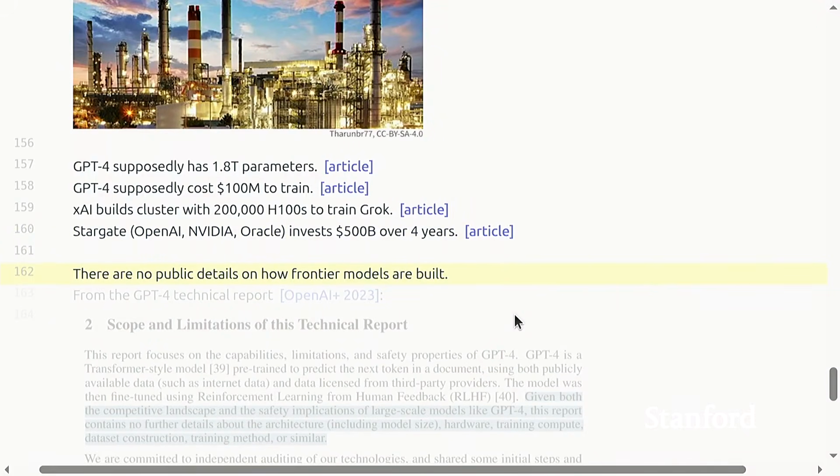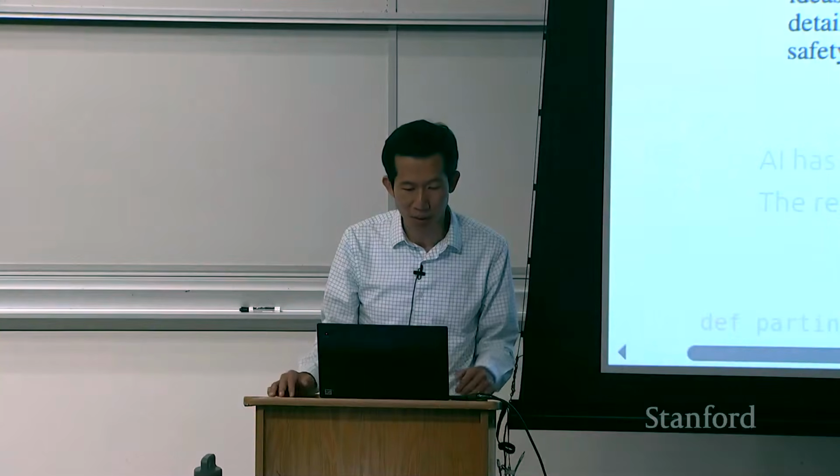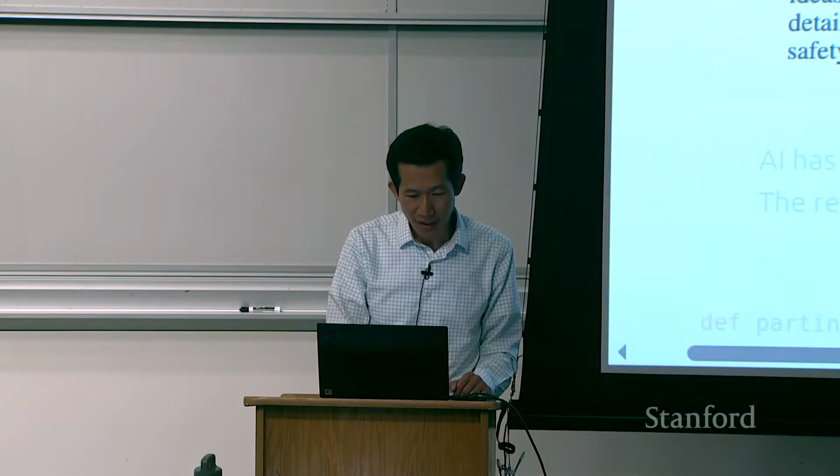At the same time, the amount of openness about what is happening in AI has also decreased quite a bit. The GPT-4 technical report says that due to the competitive landscape and safety implications, there's no information about how these models were trained, which is in contrast to even 5 or 6 years ago, when companies were publishing openly.